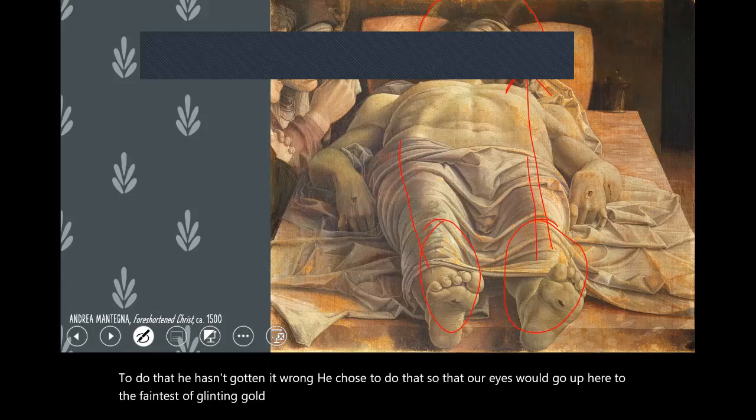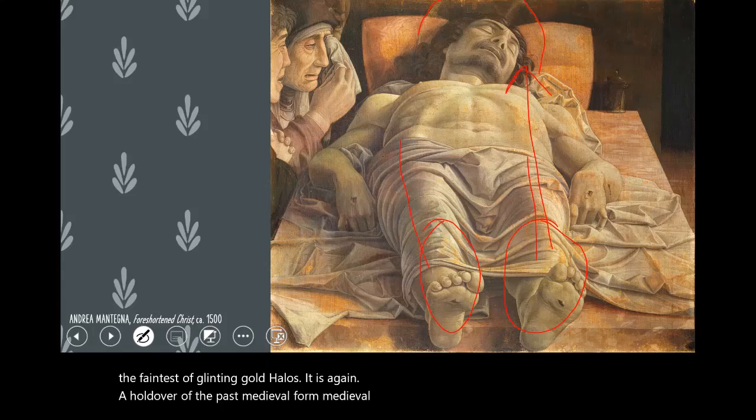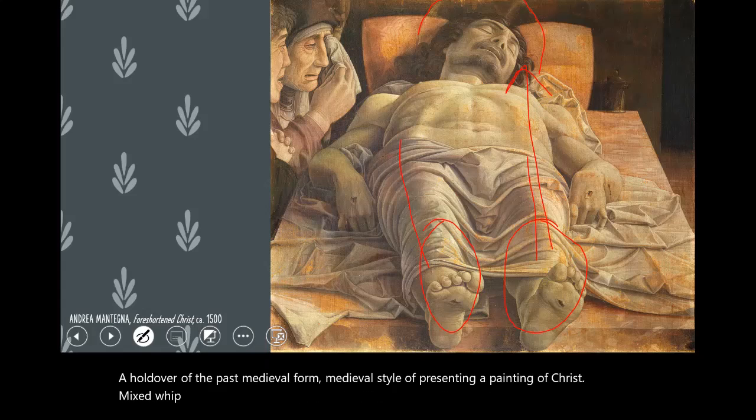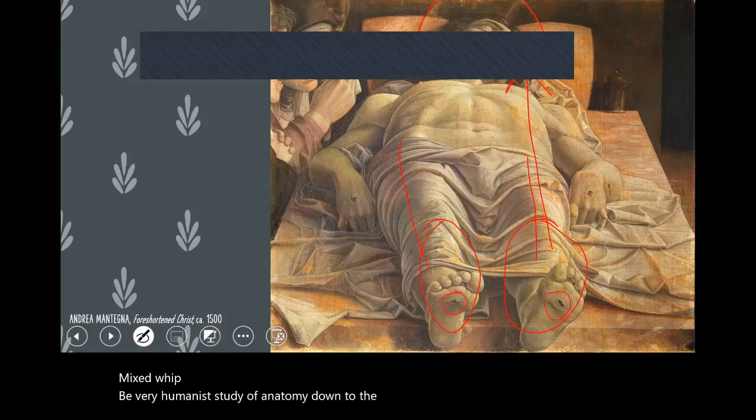It is, again, a holdover of the past medieval style of presenting a painting of Christ, mixed with the very humanist study of anatomy, down to the very texture of each wound from the crucifixion.